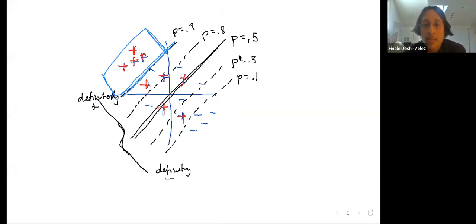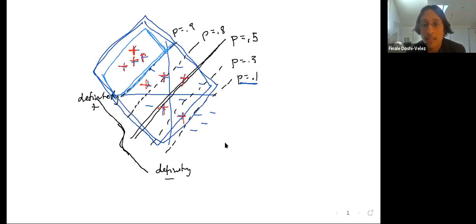And there may be other situations when we say that, hey, it's really important to capture all of the pluses, even if we have some minuses mixed in. And so we might pick this region over here, the p equals 0.1 as our boundary instead. It helps us ensure that we catch all the positives, even though there's going to be some negatives mixed in.